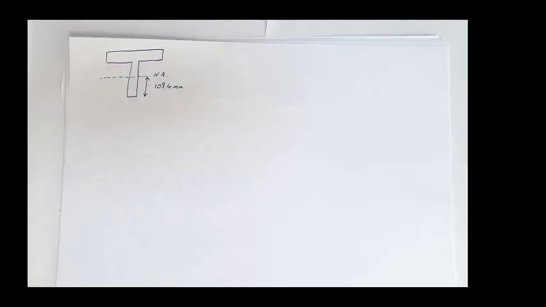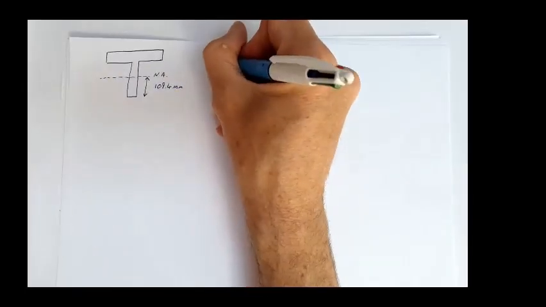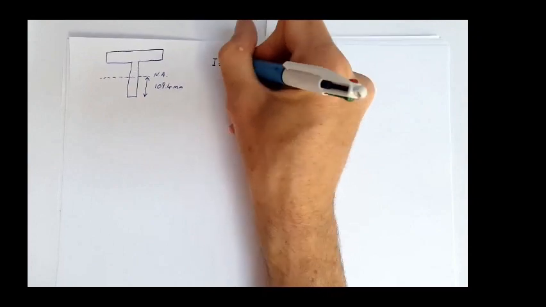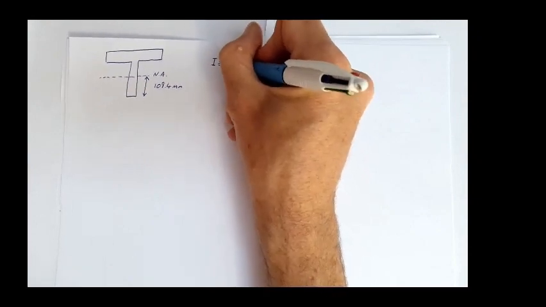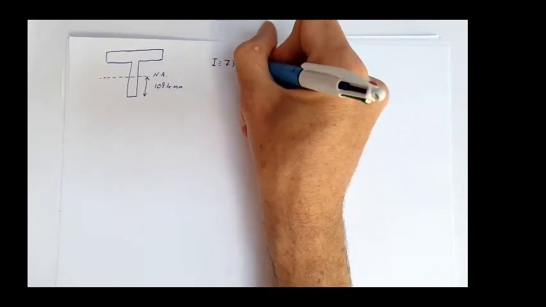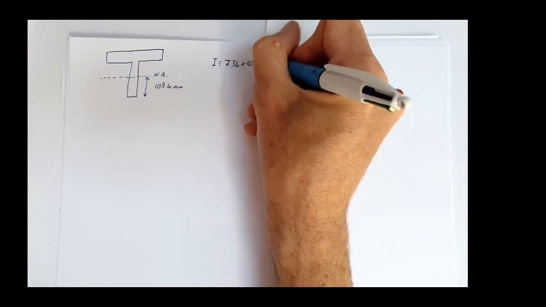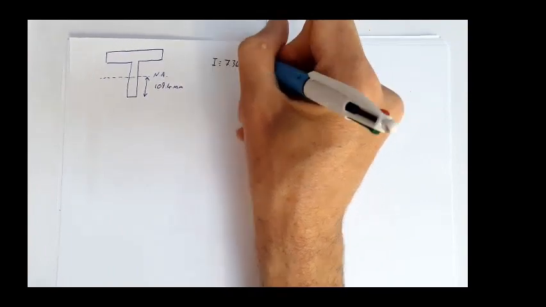And we have now calculated the second moment of area of that shape, I, which was 7.36 times 10 to the minus 6 meters to the 4.